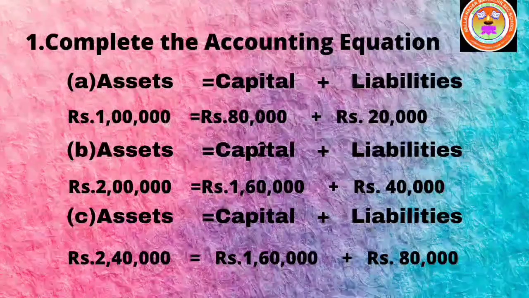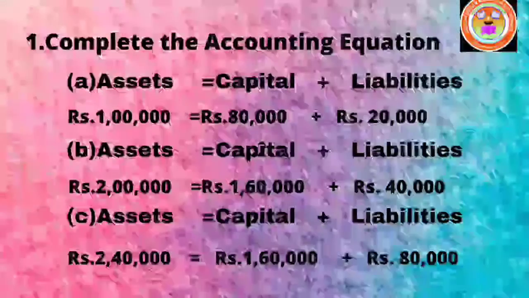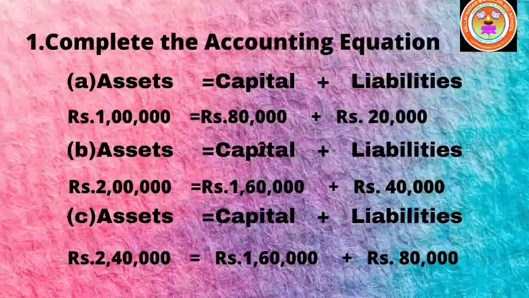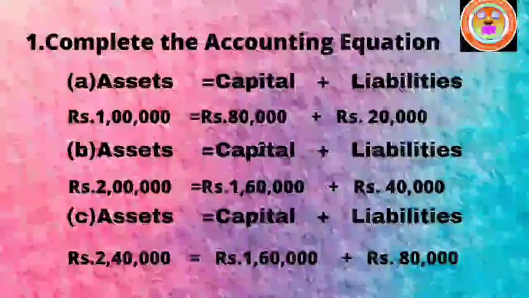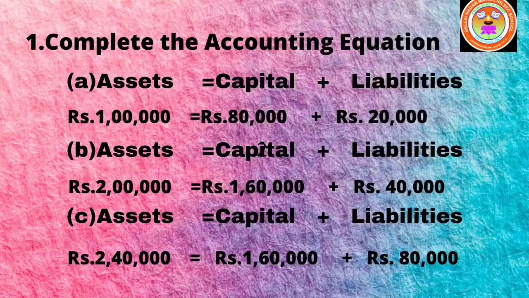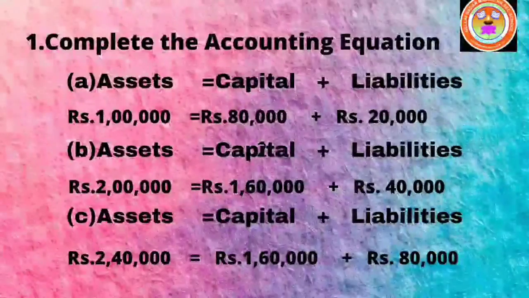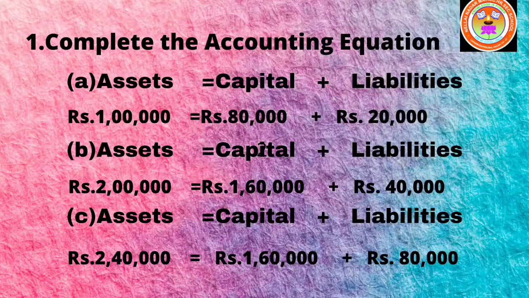First subdivision: assets equals 1 lakh, capital is rupees 80,000. When you apply this in the formula, capital plus liabilities combined will give you assets, isn't it? So the missing figure is liability.